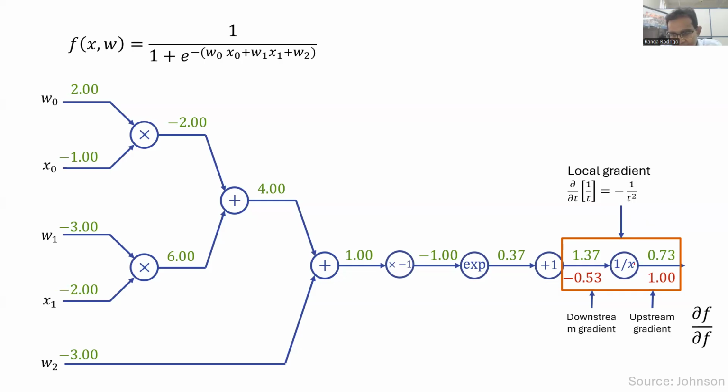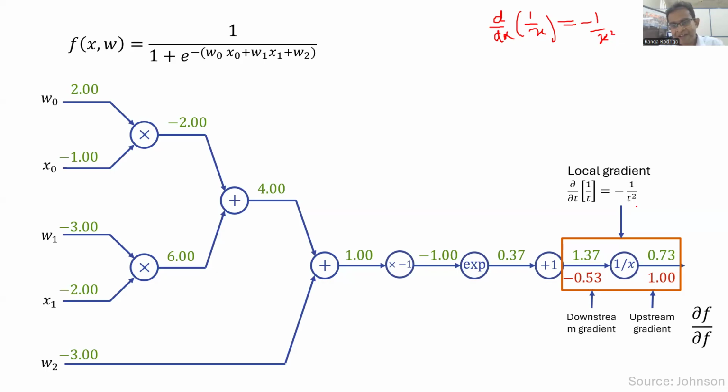This is like 1 over t, right? You know that the derivative of 1 over t is minus 1 over t squared. Do you remember in A levels you did d by dx of 1 over x is equal to minus 1 over x squared, right? I hope you remember this from your A levels.